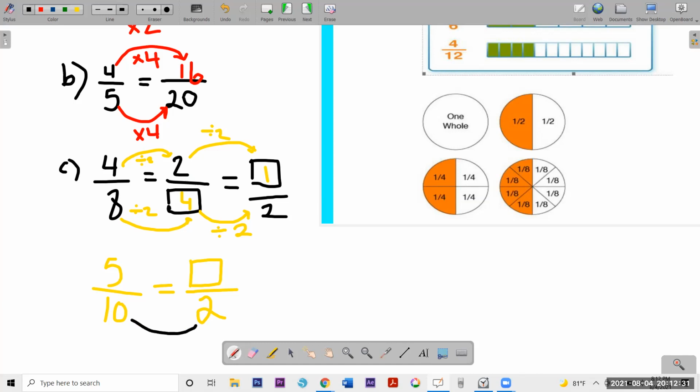I can divide 10 by 5 to get 2. So whatever I do to the bottom, I do to the top. So I divide by 5 to maintain the balance. And so 5 divided by 5 is 1. So that's how we get our answer. Pretty straightforward. All you have to do is pay attention to the details.